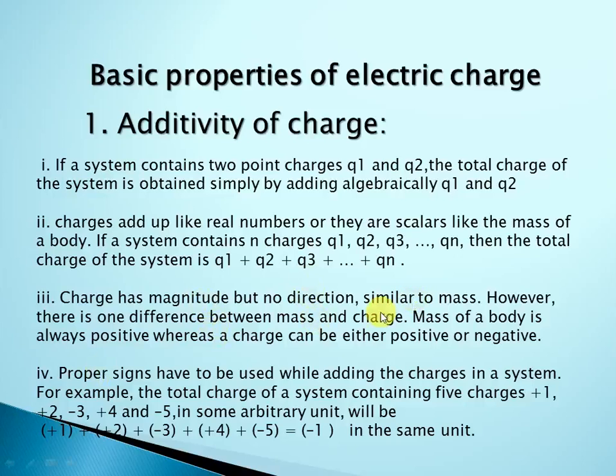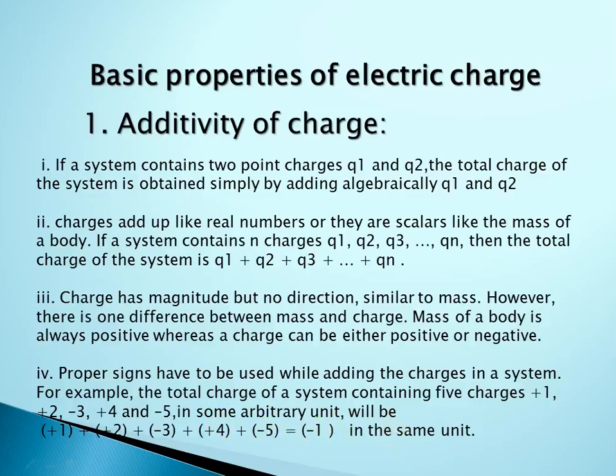However, mass is always positive, while charges may be positive or negative. If there are 5 charges like plus 1, plus 2, minus 3, plus 4 and minus 5 in some arbitrary unit, the total charge will be 1 plus 2, that is 3, plus minus 3, that is 0, plus 4, that means 4, and minus 5 means minus 1. So the total charge will be minus 1 in the same unit.